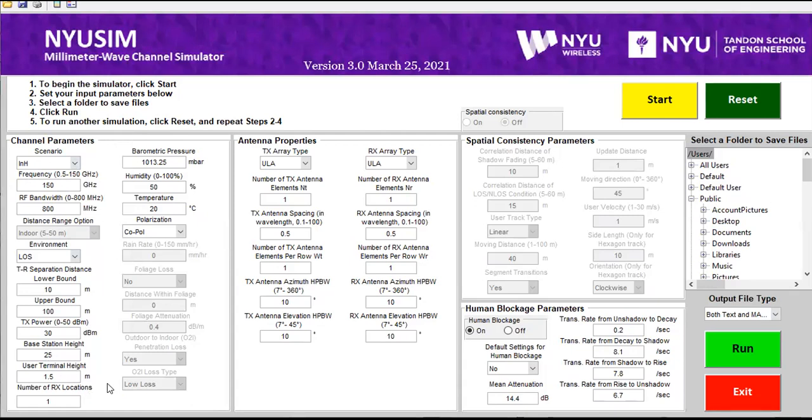The height of the base station definitely should be very low, maybe 2 meters or just 1.5 meters. Okay, let's set it to 2.